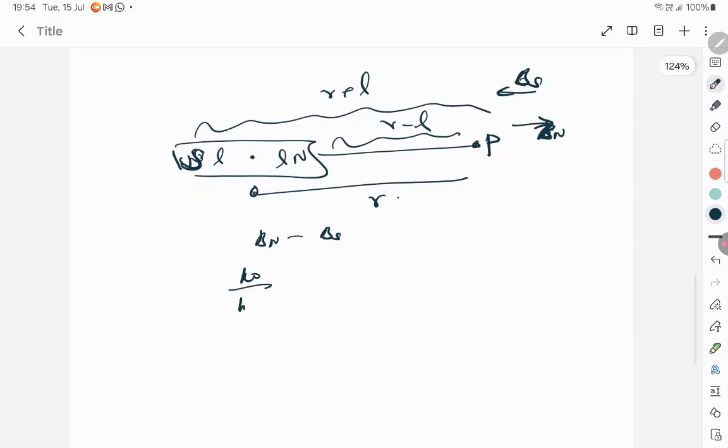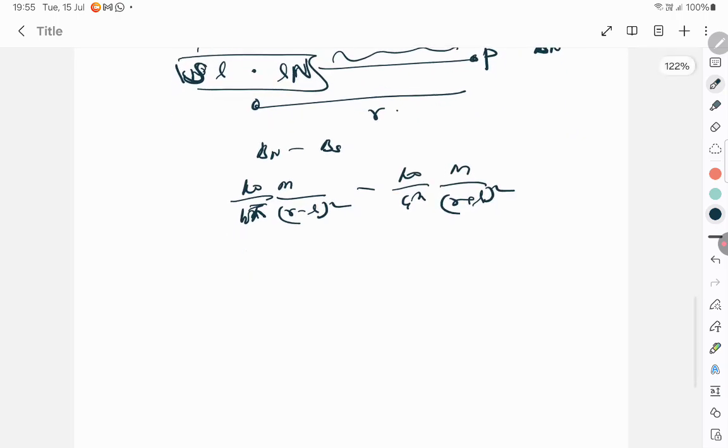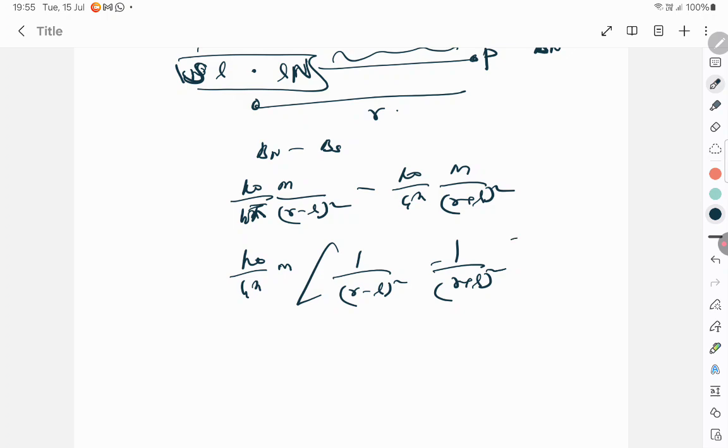Instead of 1 by 4 pi epsilon naught it's mu naught by 4 pi, and instead of charge it is pole strength m. So mu naught by 4 pi into small m by r minus L the whole square due to this north pole, minus mu naught by 4 pi into small m by r plus L the whole square. mu naught by 4 pi into m is common: 1 by r minus L the whole square minus 1 by r plus L the whole square.